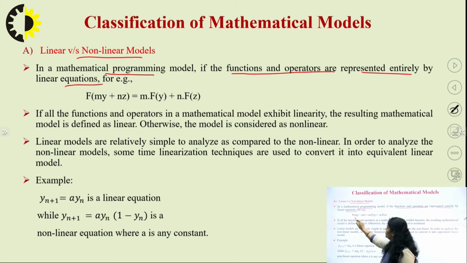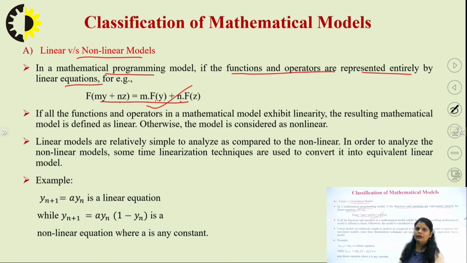For example, take the equation f(my + nz) = m·f(y) + n·f(z). All the functions and operators involved in this equation are linear in nature, so the mathematical model exhibits linearity. If some non-linear terms are involved in our system, we can use some techniques to convert it into a linear one, and the resulting model is identified as linear.